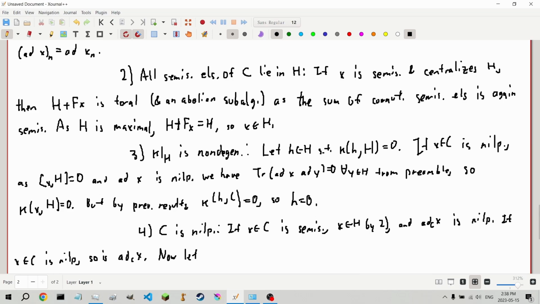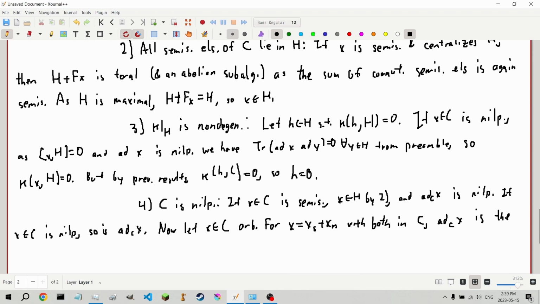Now let X in C be arbitrary. Now for X equal to the sum of its semi-simple and nilpotent components, with both lying in C, the C adjoint of X in general is the sum of commuting nilpotents, and therefore is nilpotent by Engel's theorem.